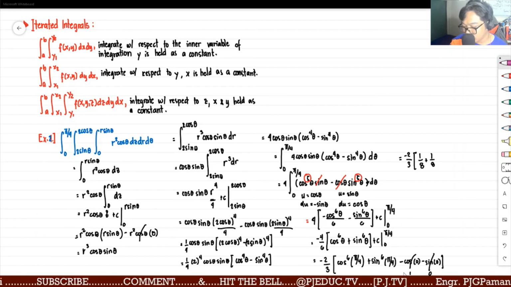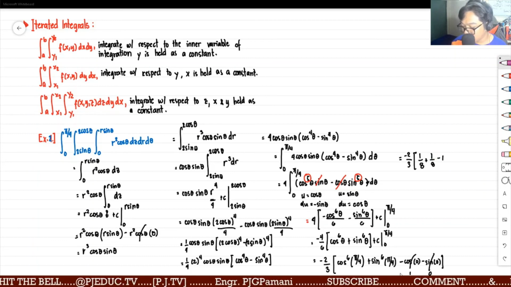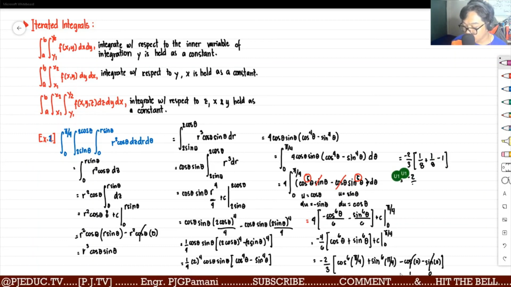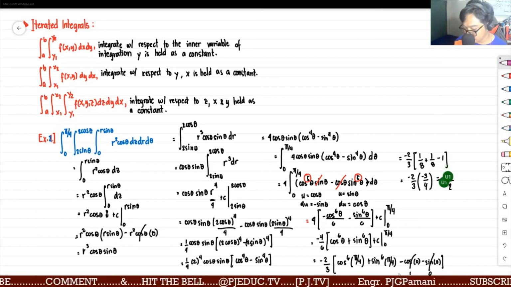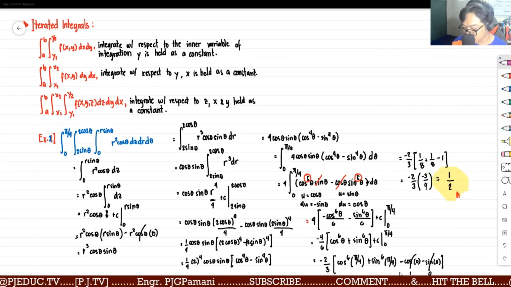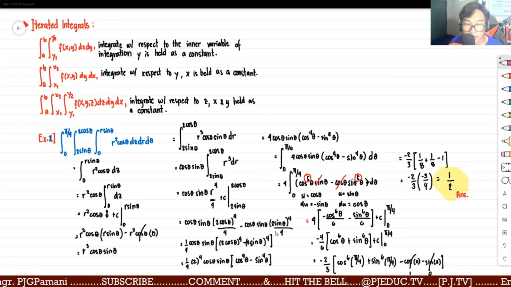So minus 1 minus 0. Sine of 0 is 0. Then simplify that. It gives us negative 2/3 times negative 3/4, which is now equal to positive 1/2. So this will serve now as our final answer for this triple integration problem.